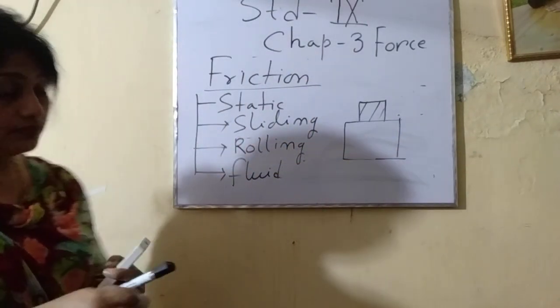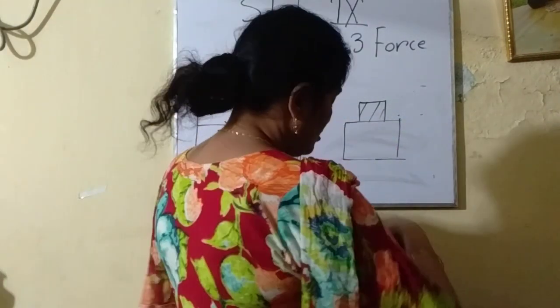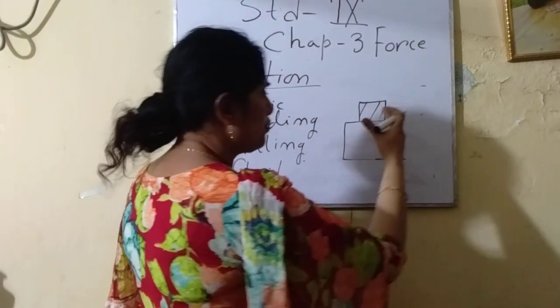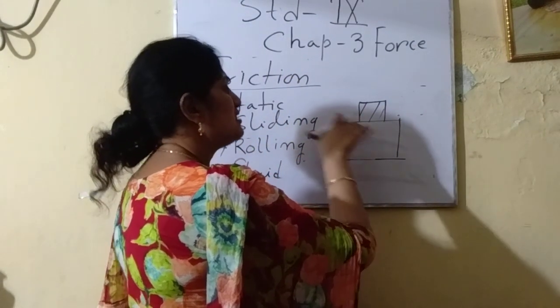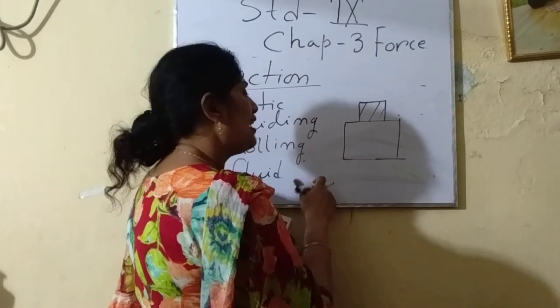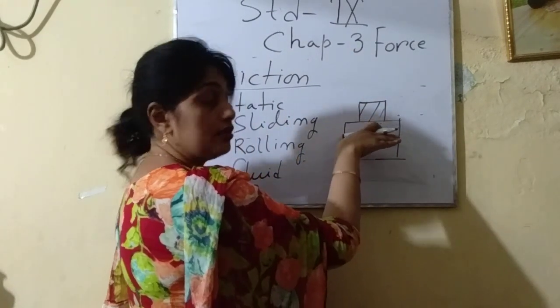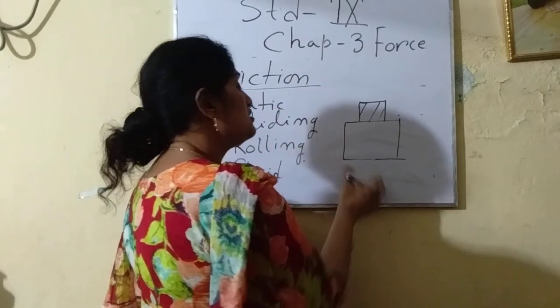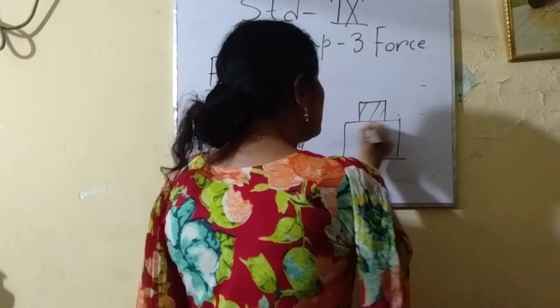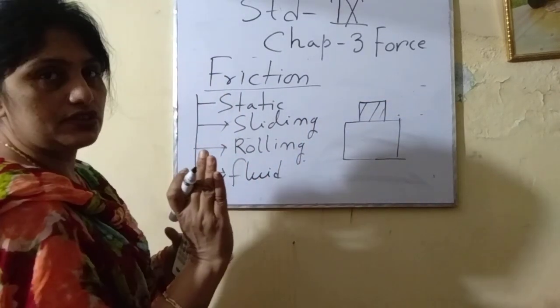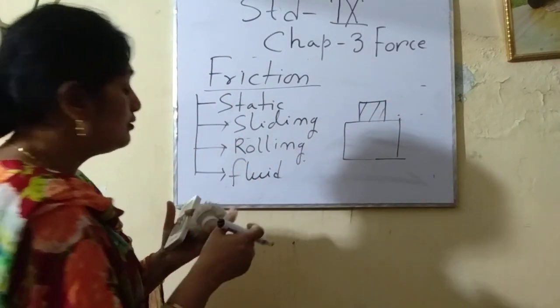So look, here on the table I put a large, massive box. I put it on the table or on the floor, and I have applied force on it, but it doesn't move at all. Then the friction which is created between the contact surfaces of two objects is known as static friction. Is it clear?